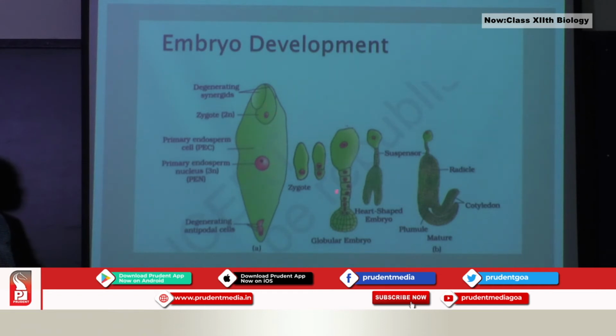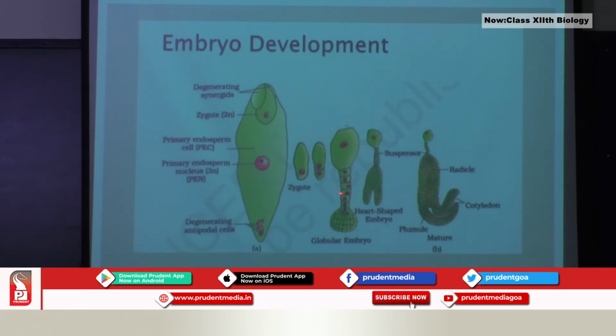Why do you need the suspensor? You need the suspensor to push the embryo into the nutritive tissue. The embryo cannot walk towards the nutritive tissue. The embryo is feeding. It is made up of cells which are voracious feeders. It's growing, so it requires nourishment. And because it requires nourishment, you have the endosperm tissue.